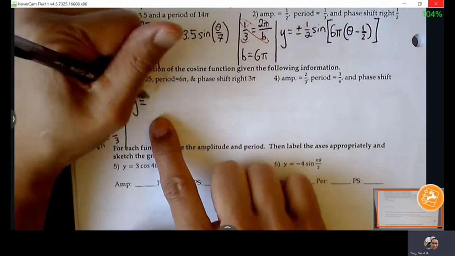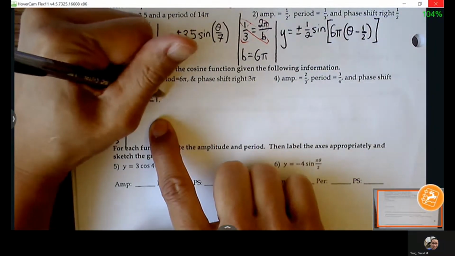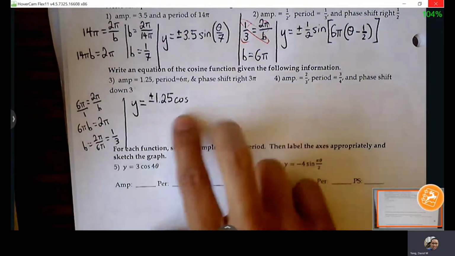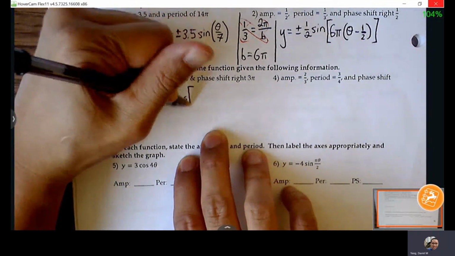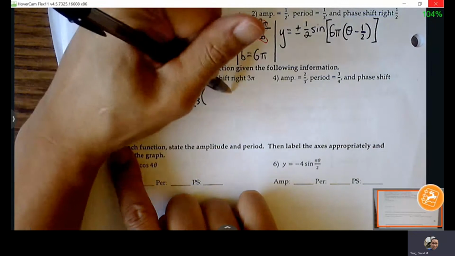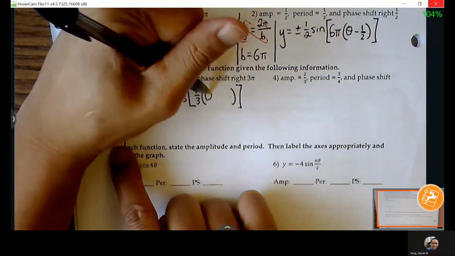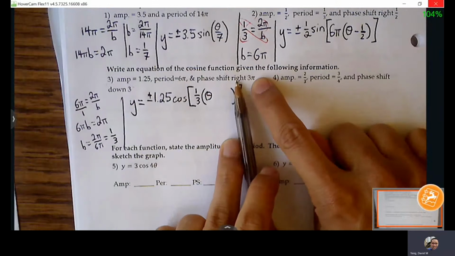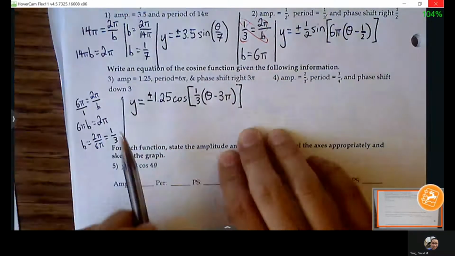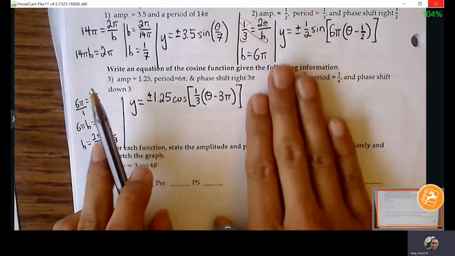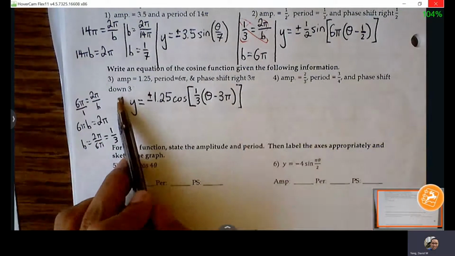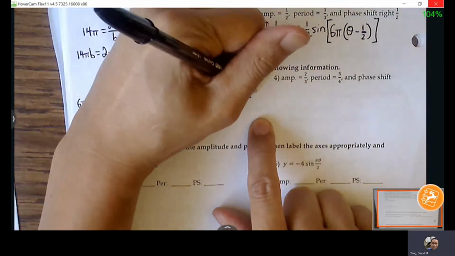So put the 1.25 first. Okay, there's phase shift, which means that we want to make sure that we have a bracket, get that b value to be cleanly outside a set of parentheses. Okay, phase shift to the right 3 pi, minus. And any motion vertical, it's going to be cleanly outside by itself, no parentheses, no bracket influencing it. Down is going to be negative, so we're going to just say minus 3.